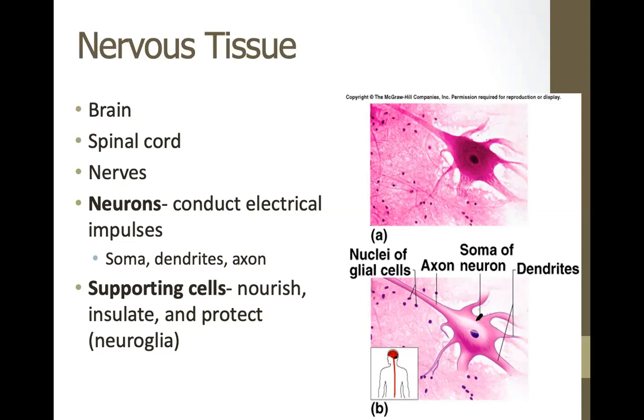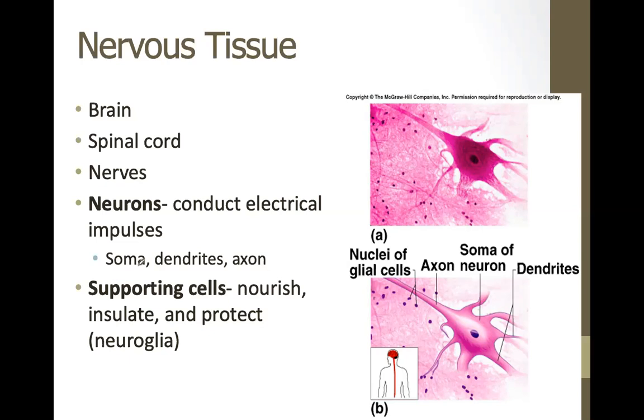Their main job is to really create electrical impulses. You learn about this in so much detail in physiology that's just mind-boggling in terms of the complicated pathway they take. But just for now, you do need to know that they create electrical impulses to basically control your body.